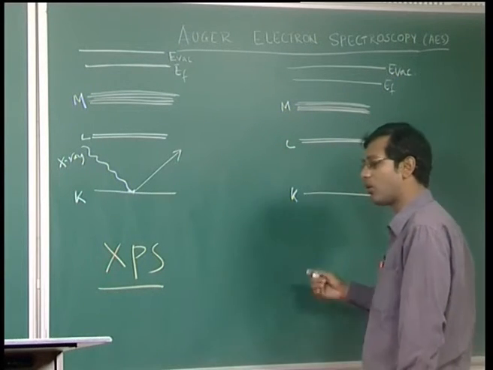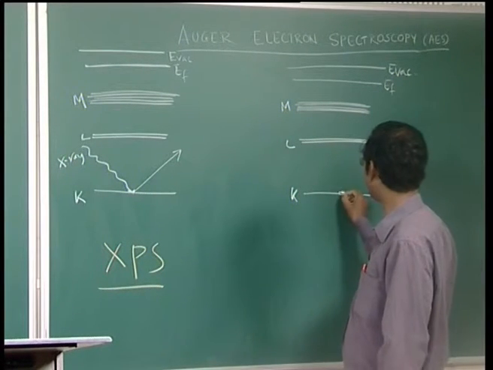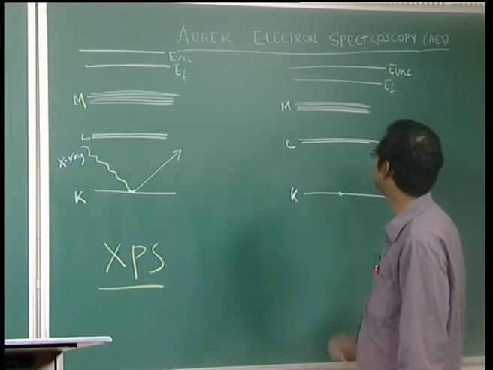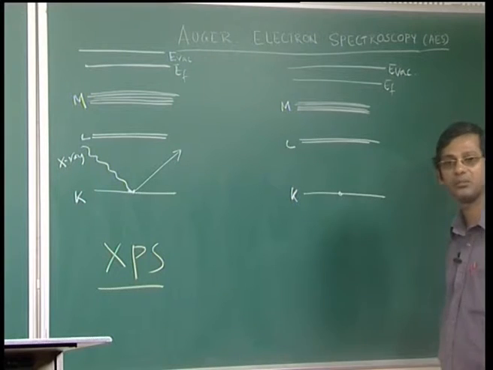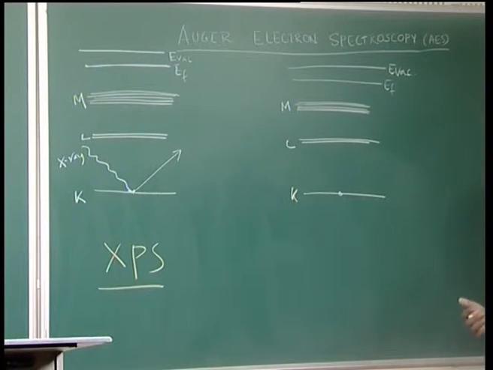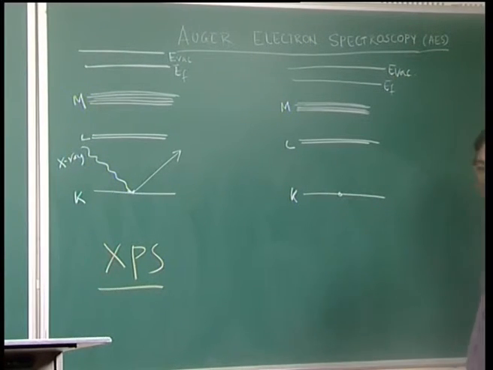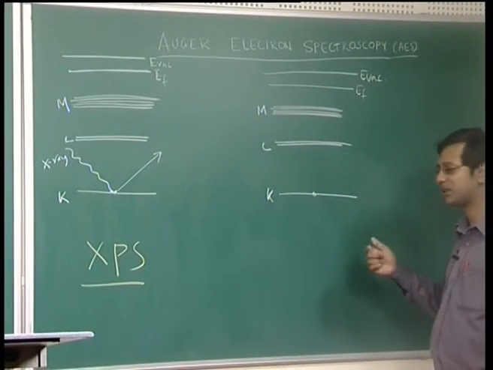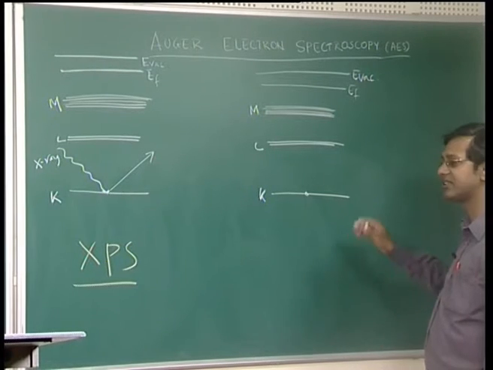Now I have already created a hole in the K level because of this radiation. So this atom is now in an excited state, basically an ionized atom, because one electron has gone out.